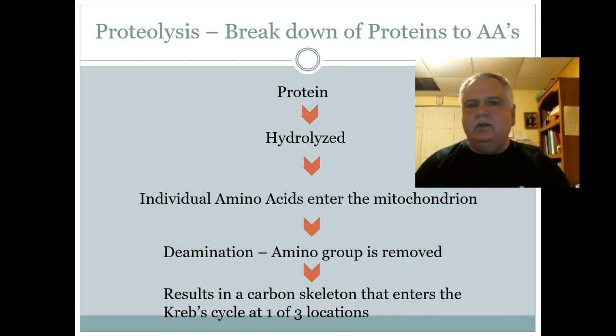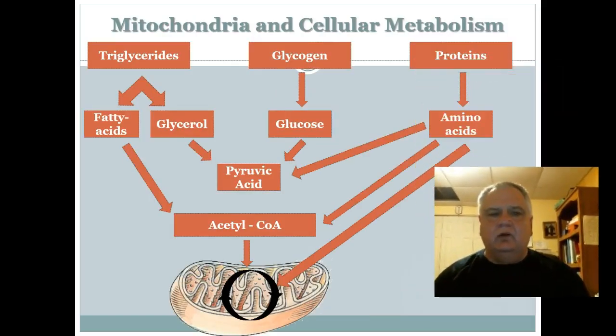So depending upon the size and complexity of the amino acid, based upon those side chains, or what we call the R group, the amino acid is going to then enter the Krebs cycle once inside the mitochondrion from one of three locations.